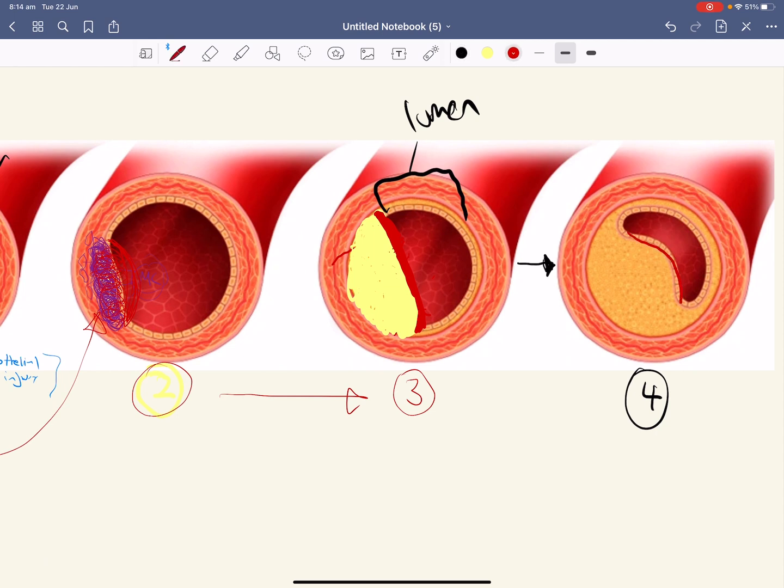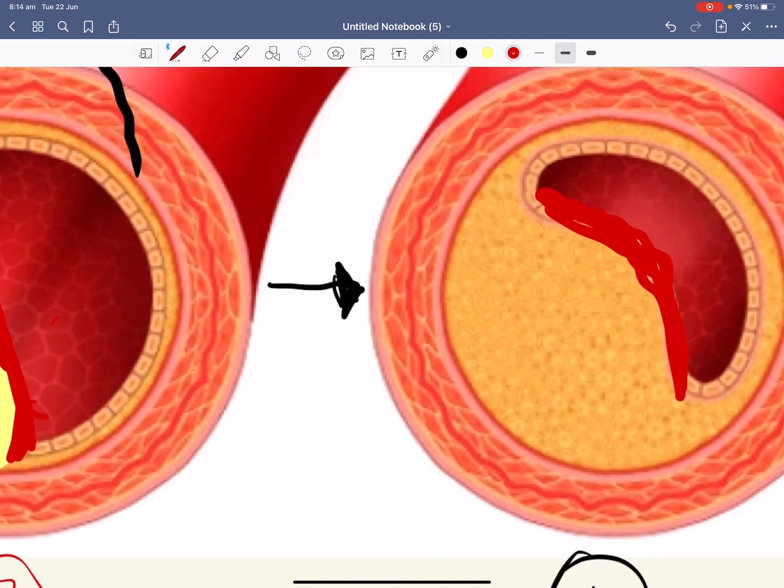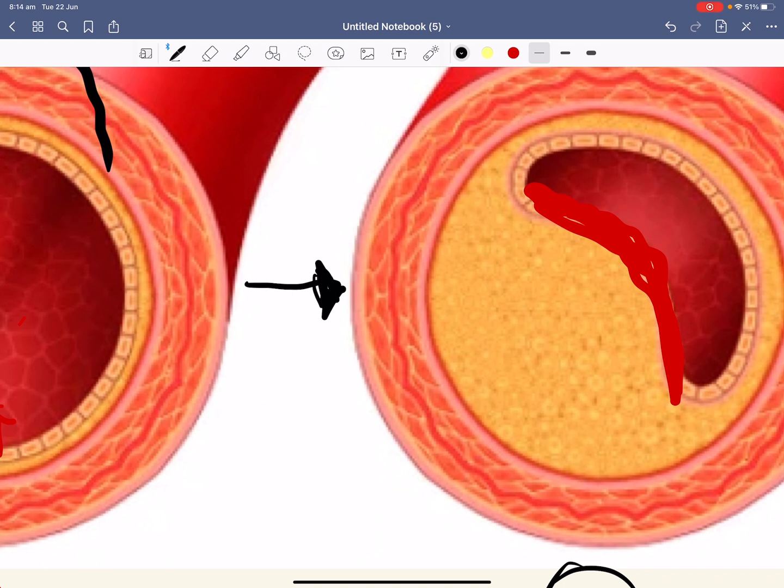The top cap is this, which is the fibrous cap. It's kind of like a collagen cap that's made by the smooth muscle cell. And anything that can cause a little bit of injury on here can start the process off.